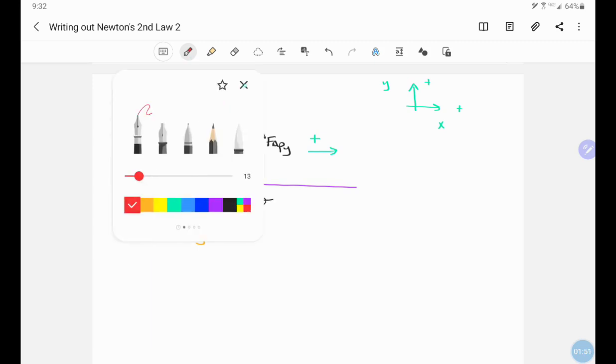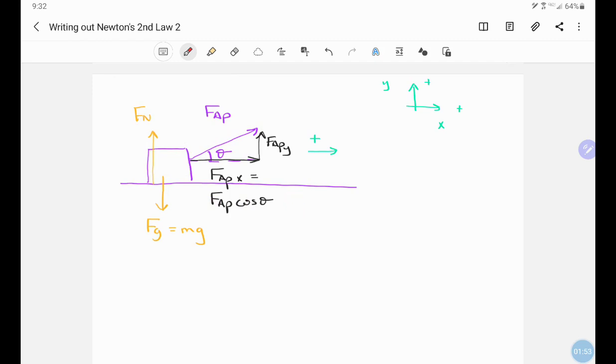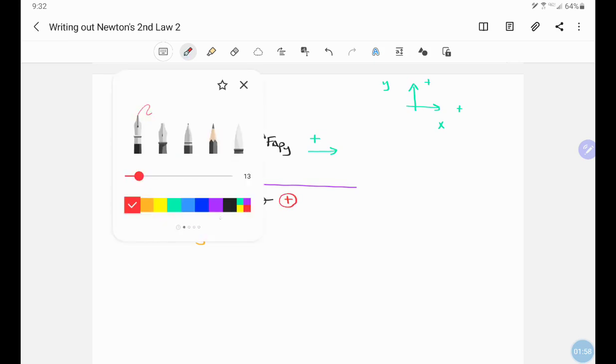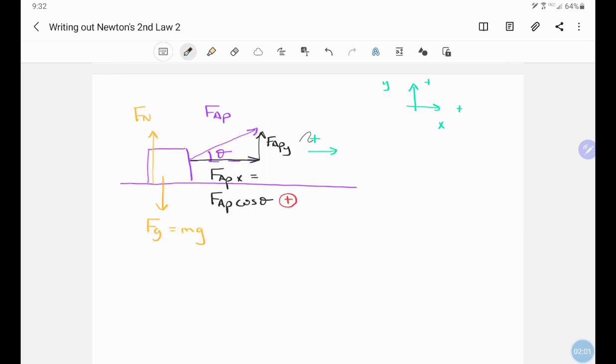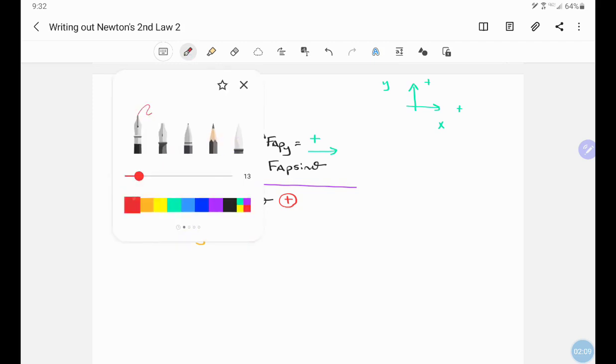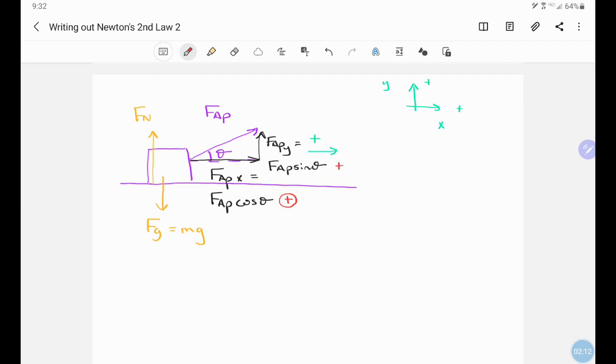Looking at our sign convention and our coordinate system, it points to the right horizontally, therefore it will be positive. For the y component, we get FAP sine of theta. It points vertically upward, and again, based on our sign convention, that is also positive. Normal force, positive. Gravity, negative.